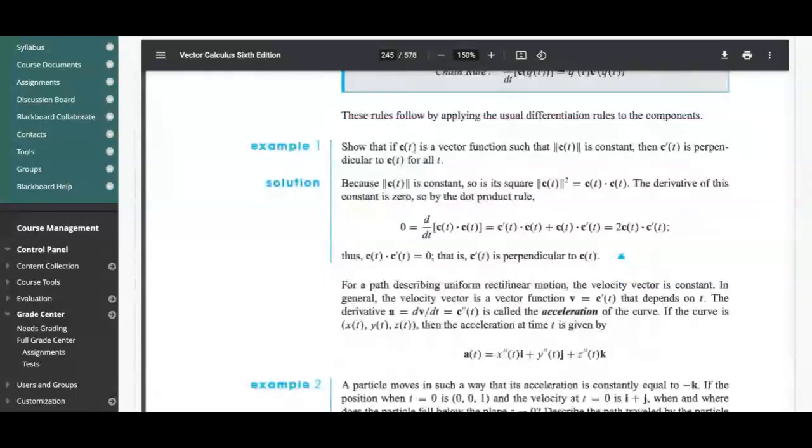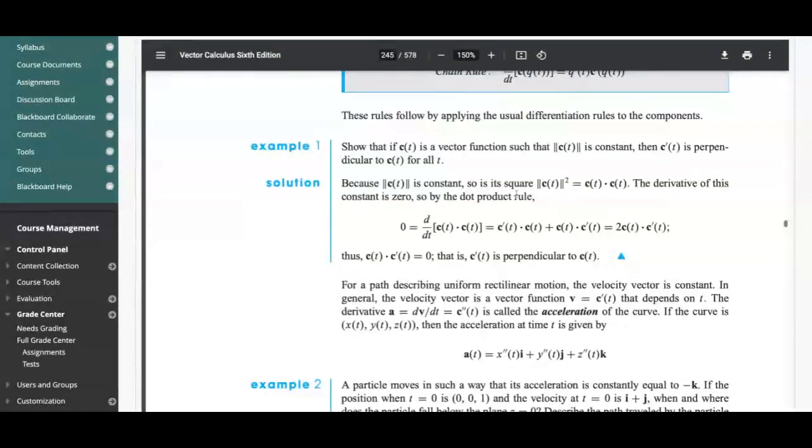Let's see example 1. Show that if C(t) is a vector function such that the magnitude is constant, then C'(t) is perpendicular to C(t) for all t. The magnitude of C(t) is the length of the vector. If it's constant, then its square is also constant, and the square is just the dot product of the vector with itself.